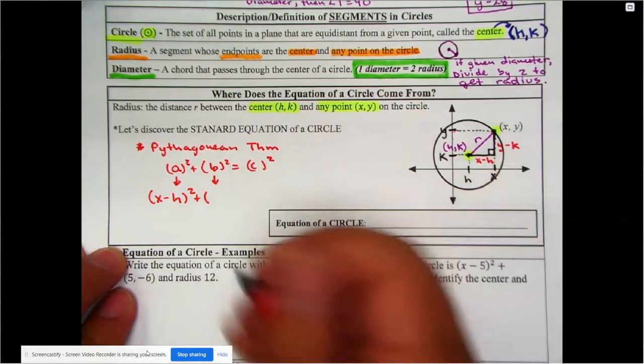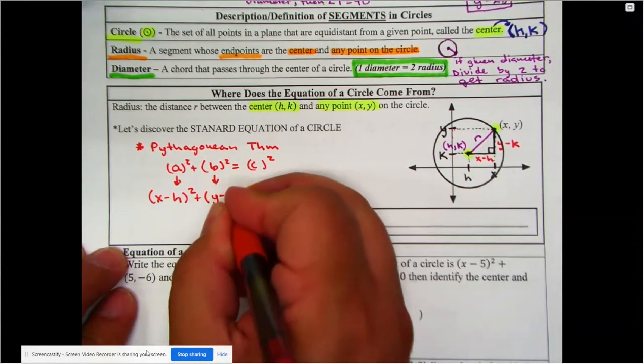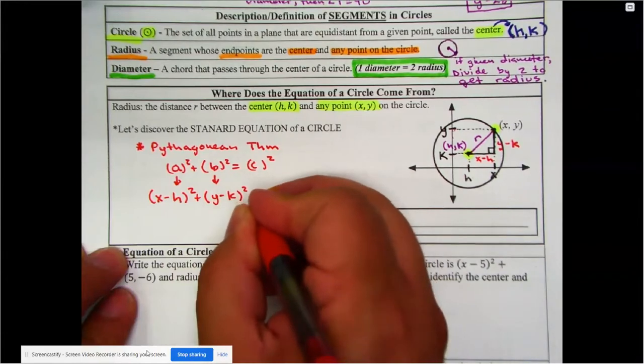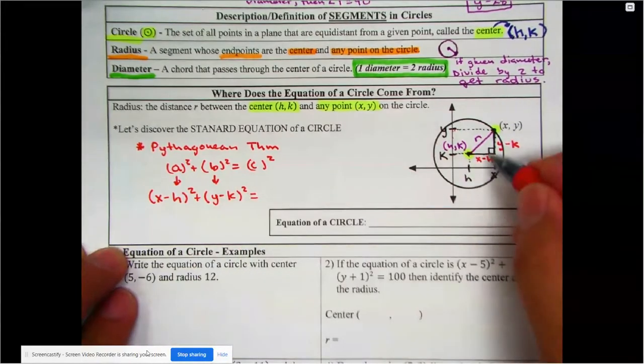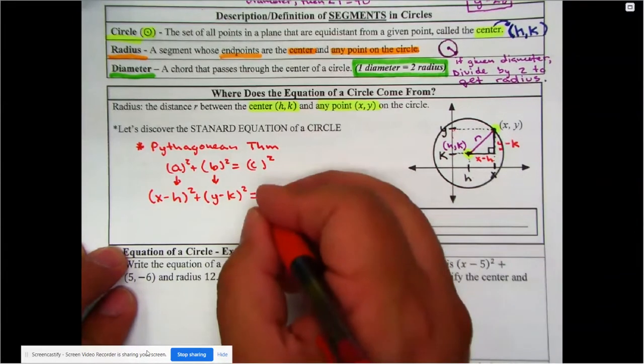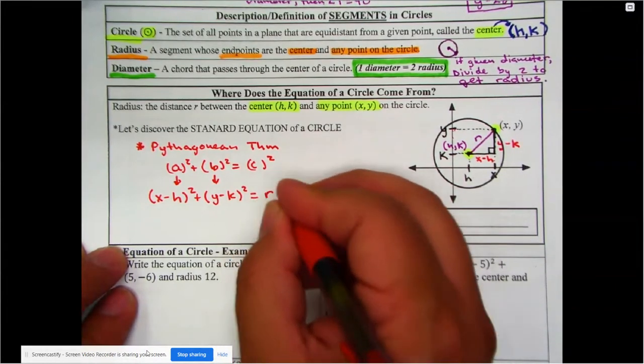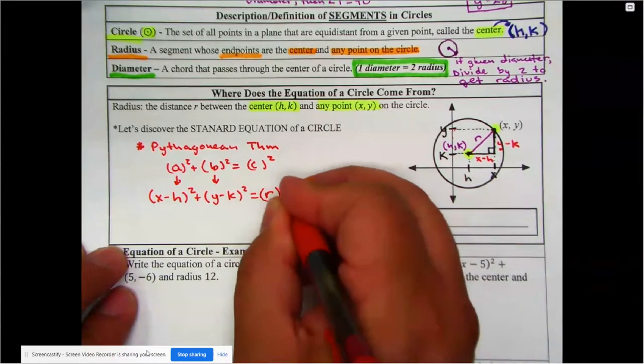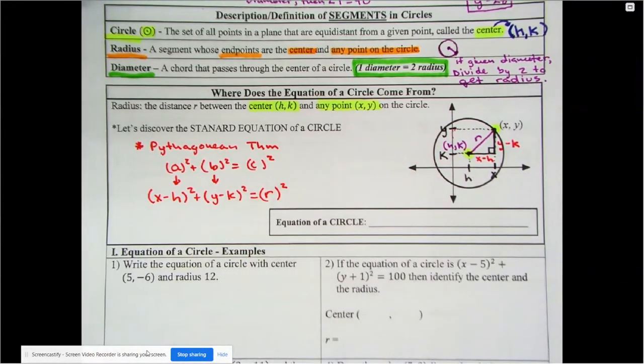Well, the b value would be the other leg, y minus k in this case, is equal to, now I'm not going to write a c because notice my hypotenuse has the r for radius. So this is why the radius is very important here. And it says the radius to the power of 2. And so there it is, actually. This is the equation of a circle. We don't do anything else with it. Like I said, it is based off of the Pythagorean theorem.